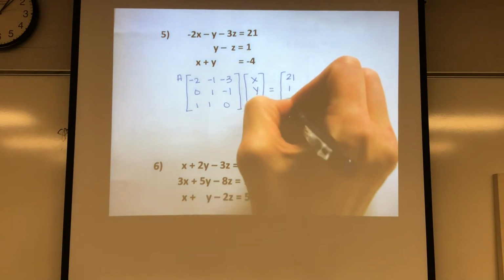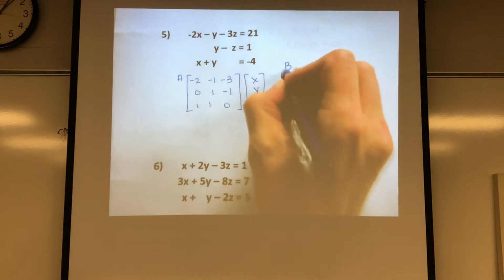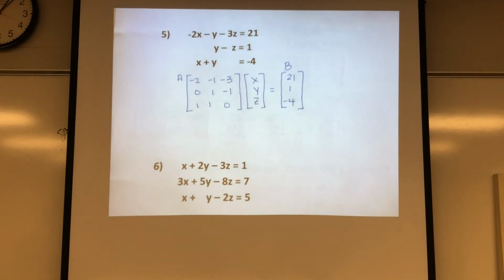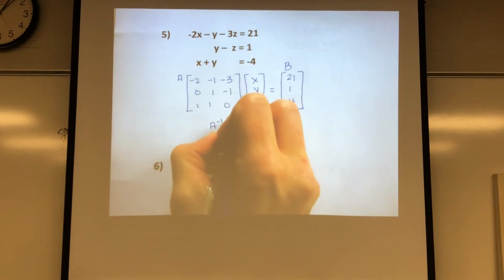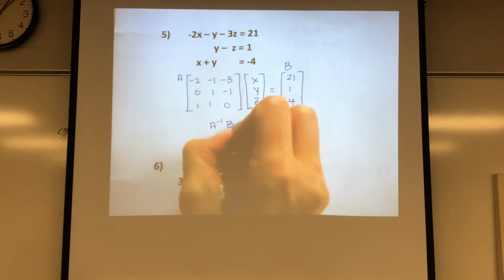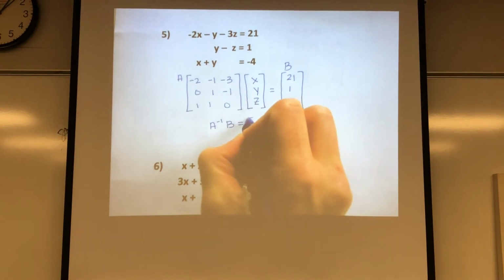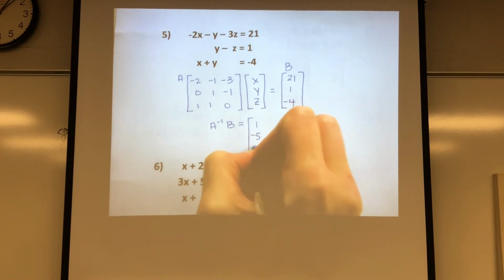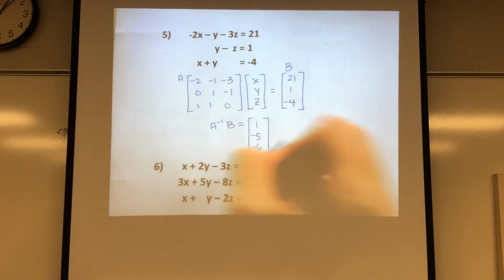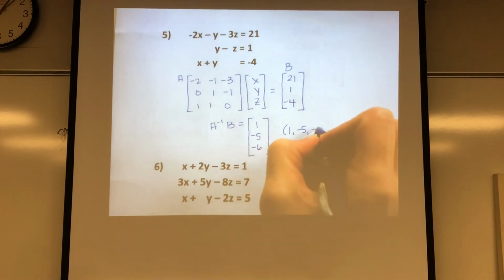We labeled our original coefficient matrix A, and we're going to label this one B. The other thing, after we get all those entered in our calculator, we're going to use A inverse B to figure out our ordered triple. So hopefully you've already done all of that, and you found that 1, -5, -6 is where these lines intersect. So that is the point 1, -5, -6.